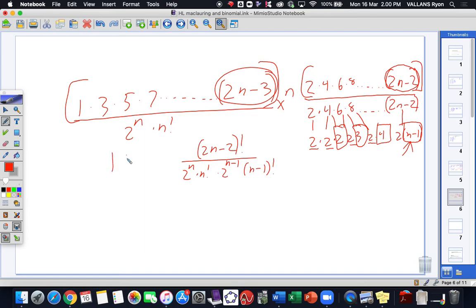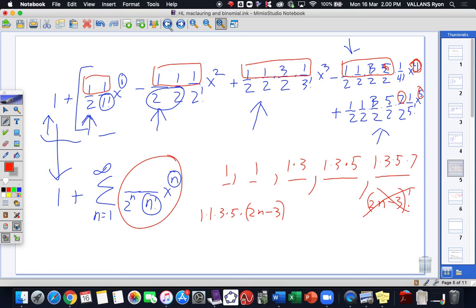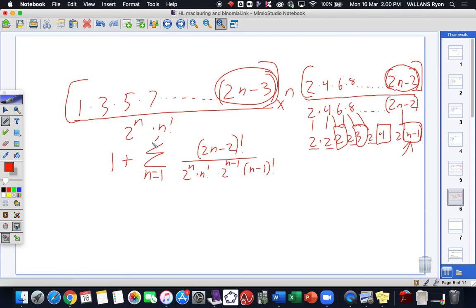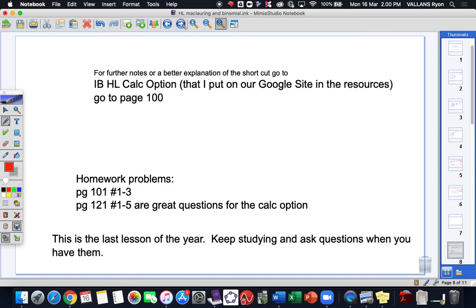So my answer to this one, by this little algebra step, is this. All right. I think that's enough for this.